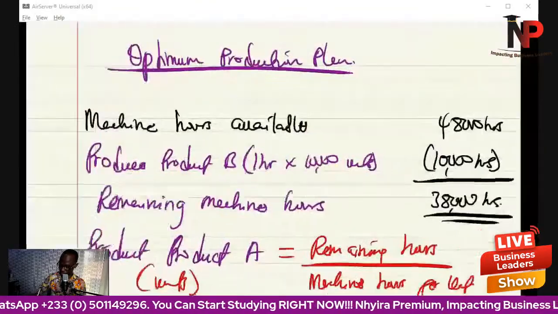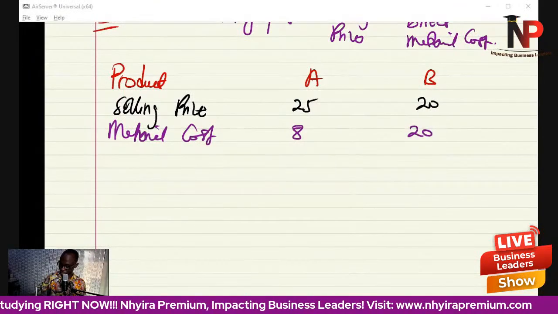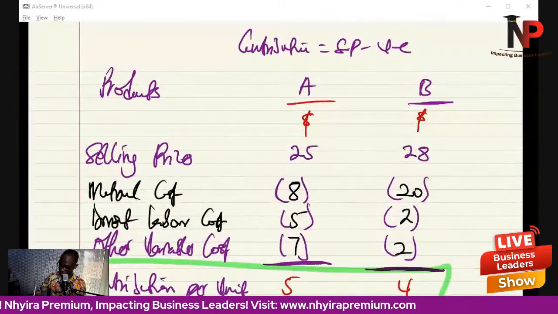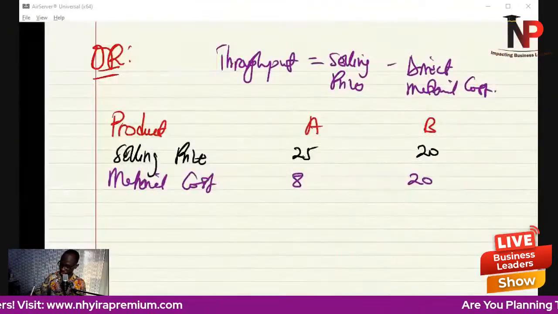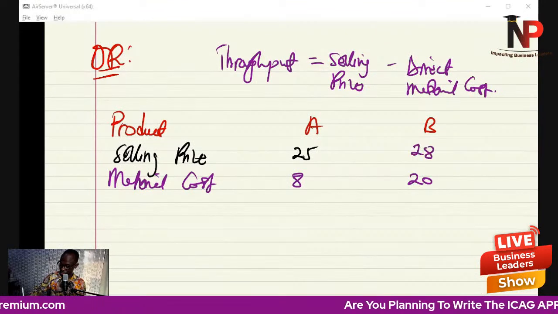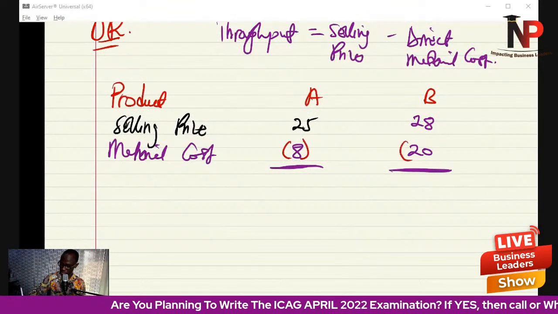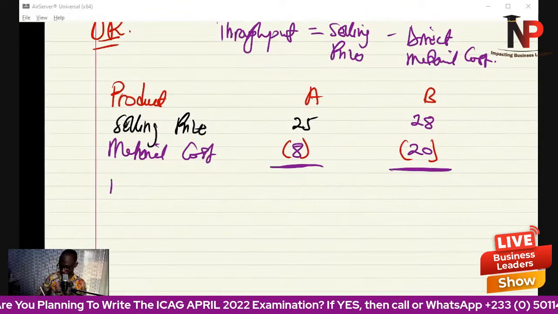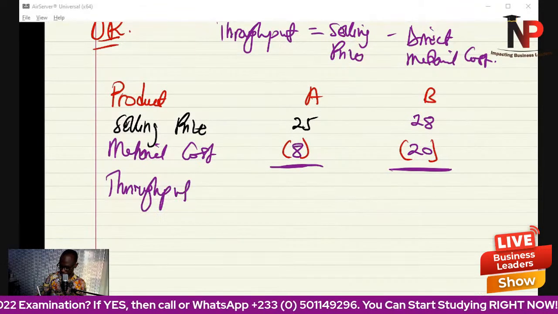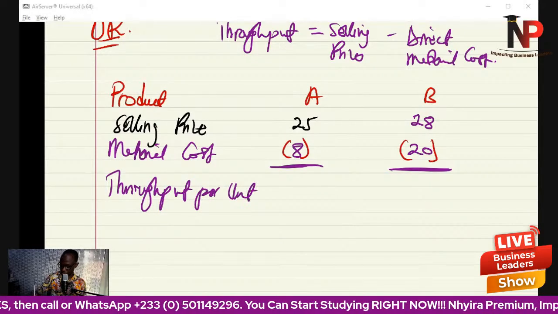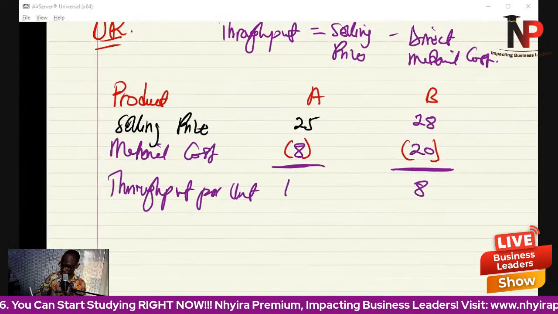Yeah, 8 and 20. Oh, am I right on that? 8 and 20. This is 28. So you less that, and that gives you your throughput per unit. And this is going to be 8, and this is going to be 12, 17.